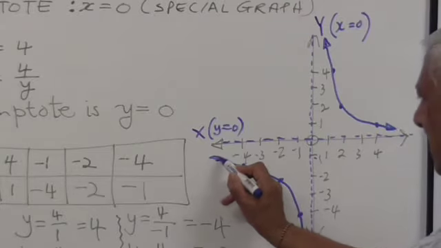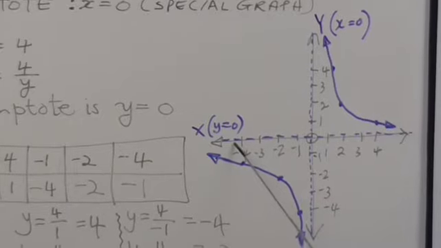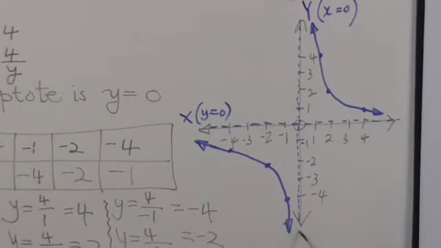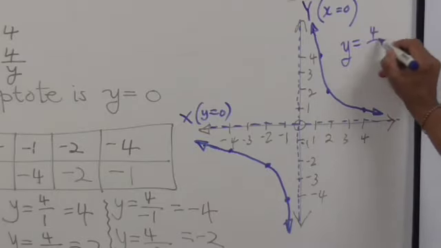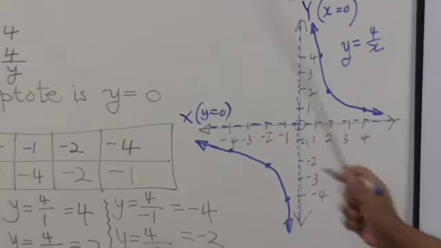And once again, this graph is going to go very close to that x-axis, but it will never touch it. It will never cut it. This will come very close to this line, but it will never cut it or never touch it. So that's the graph of y is equal to 4 over x.